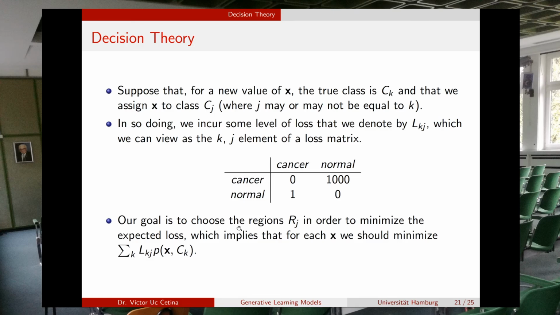So our goal then is to choose the regions Rj in order to minimize the expected loss, which implies that for each x we should minimize this product here.